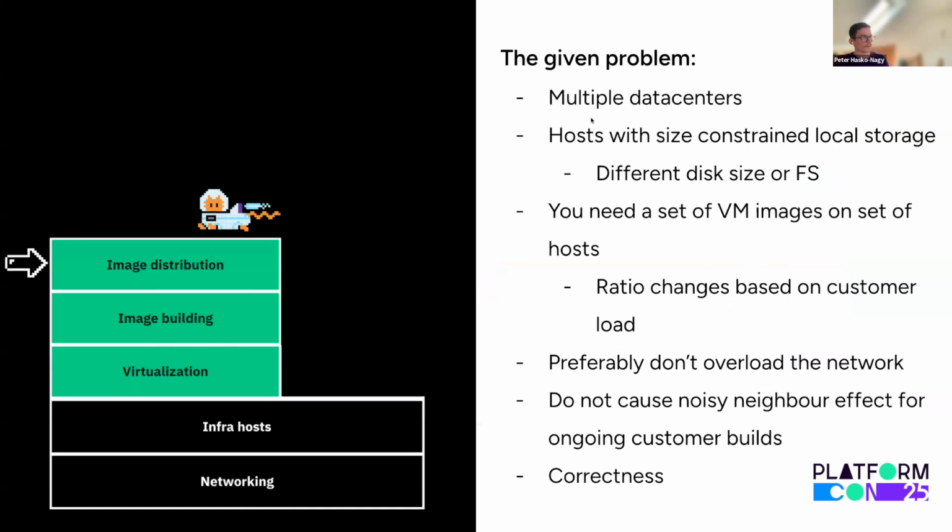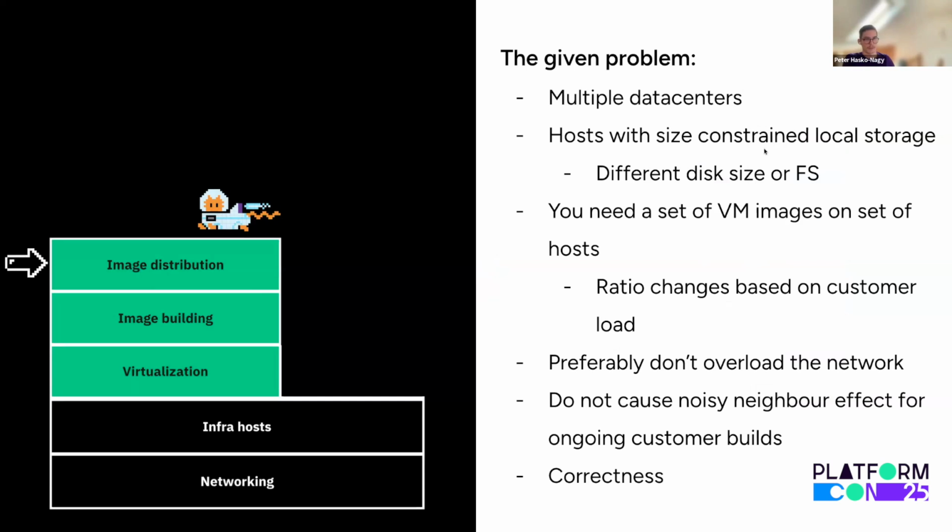So that being said, we are given a new problem. We have multiple data centers. We have multiple hosts, and these hosts are really different. They can be Linux machines, they can be Mac OS, Mac Minis. They can have totally different disk size, file system, operating system.